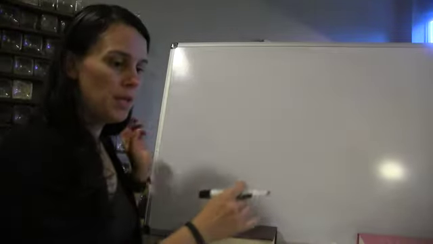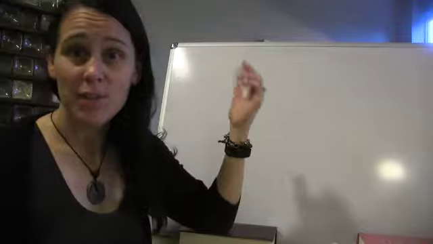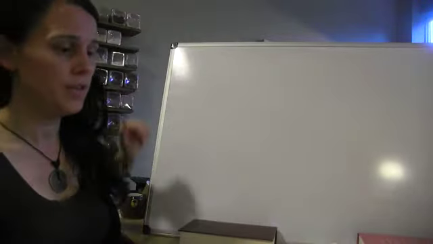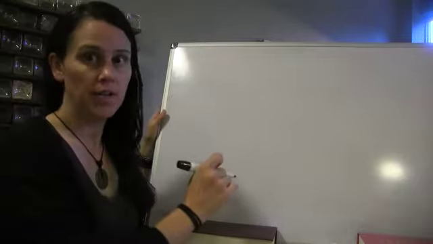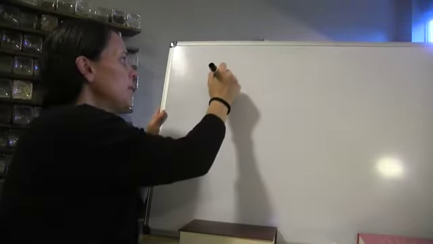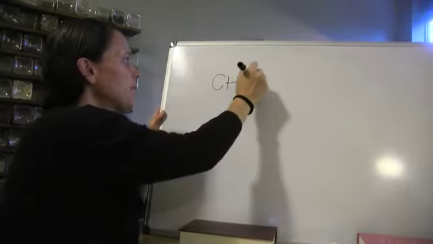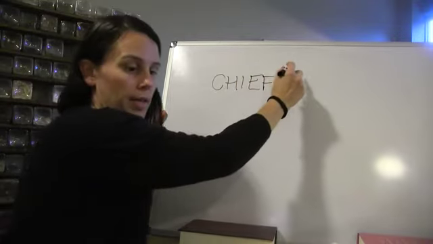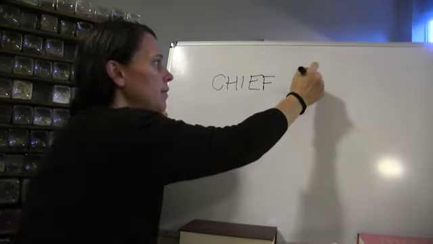So a really easy way to do this, and I use this breakdown a lot. It's just nice and easy, and applies to a lot of formulas. So maybe your chief oil is going to make up 40% of the formula.